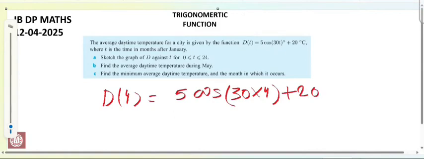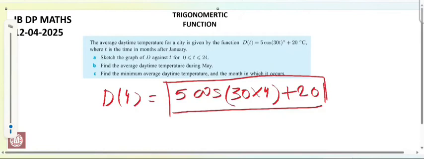You can simply solve this in the calculator. You don't use the matrix or solve mode; you can normally put this in the calculator.